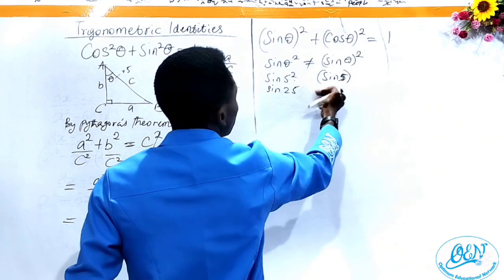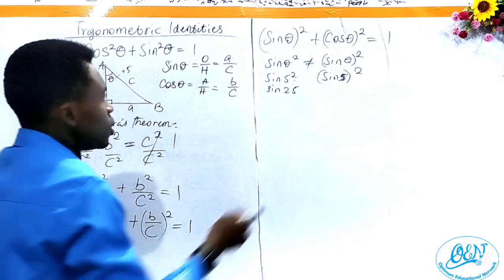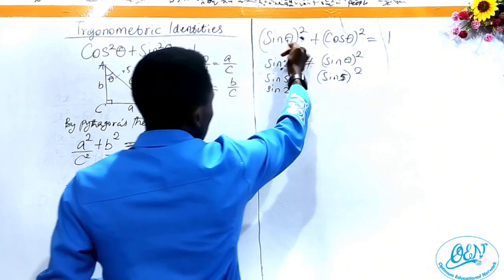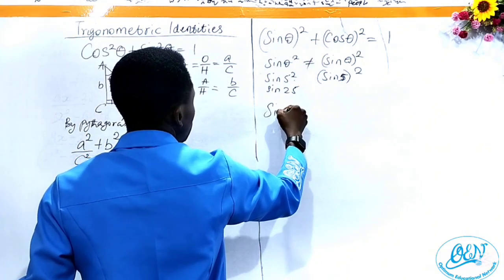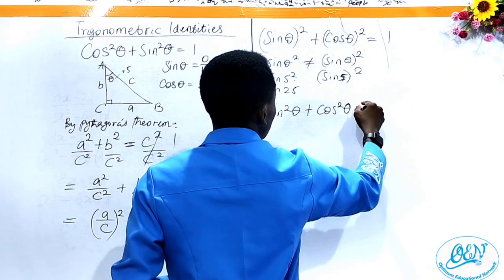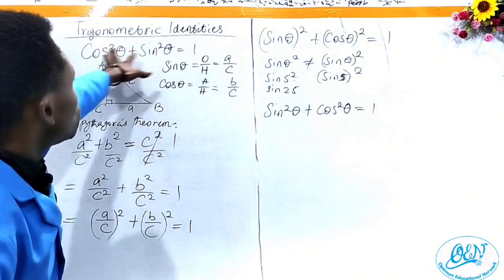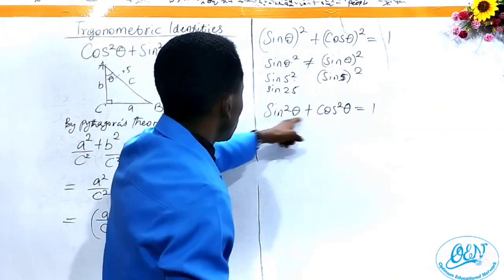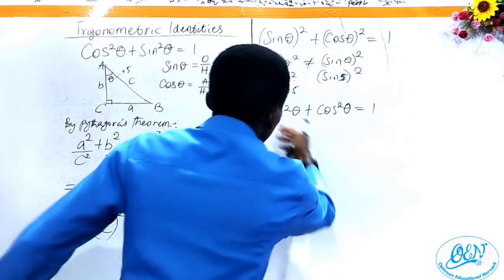So if we find the value of sin 5, then we'll square the whole thing. So this particular scenario is what we have here, and this is denoted like this: sin squared theta plus cos squared theta is equal to 1. Now I know that the placement of this and this is not the same, but it's basically the same thing, because this plus this or this plus this is the same thing.